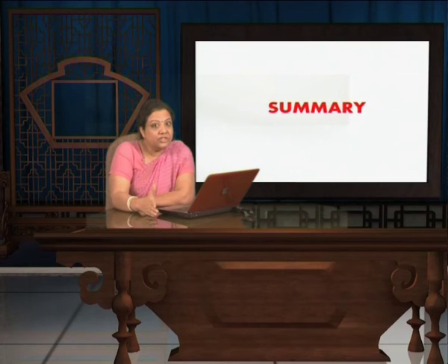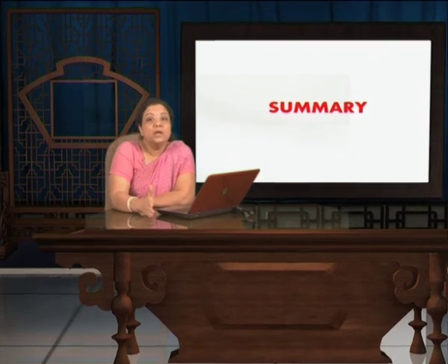So, what we have seen today is articles and prepositions. Now, what is an article? We have seen that an article is a word which precedes the noun, and if we don't use an article in the right place, then the sentence may sound incorrect. Articles can be definite articles and indefinite articles. In the definite article, the use of the is there, and the indefinite articles are a and an.